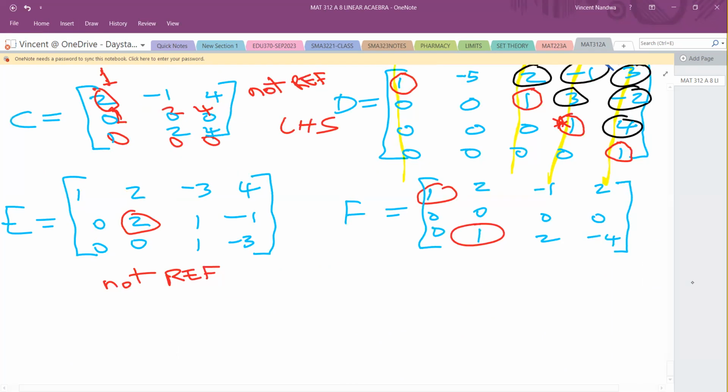Why is this not in row echelon form? Yes, your answer is right, but you are not giving the correct explanation. You know the answer, but you want to complicate your life for no reason.